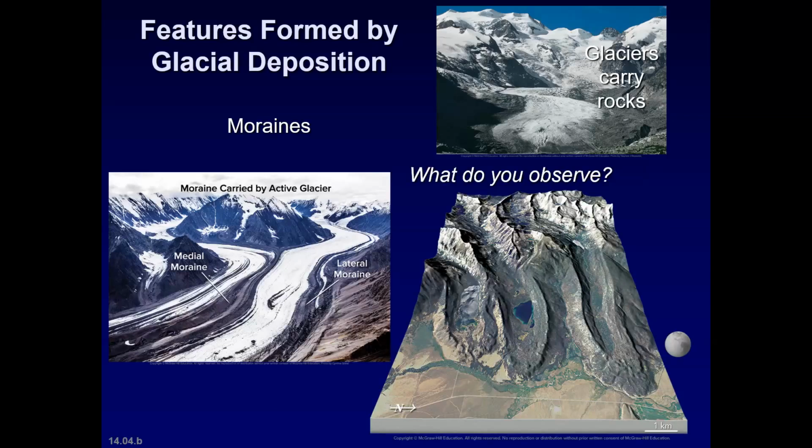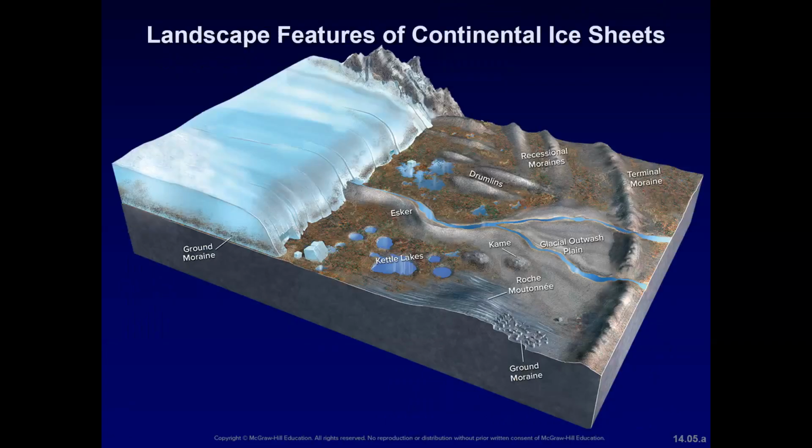We don't have glaciers here anymore, but we would have had these valley glaciers here. We've got these strong ridges, sedimentation, like moraines here as well. That's from the Sawtooth Mountains in Idaho. So lateral moraines, terminal moraines, all associated with the glacier.